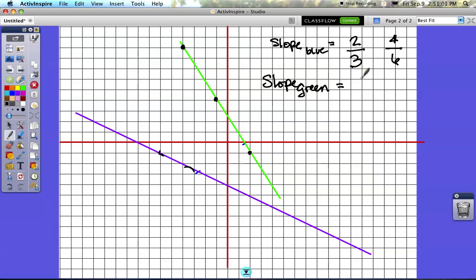So I'm going to put a negative right here because I'm going in a negative direction. 1, 2, 3, 4, 5. So I went -5. Then I'm going to go right 1, 2, 3. So -5/3 is my slope on the green line.